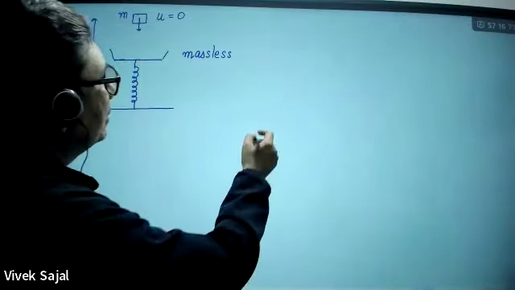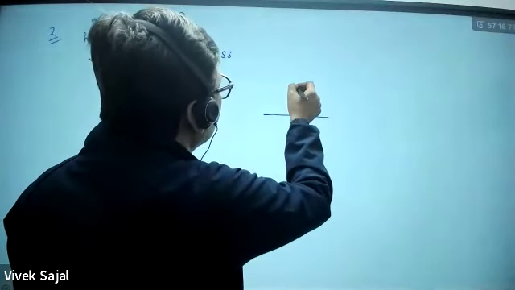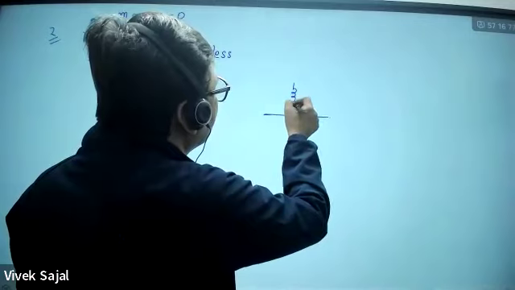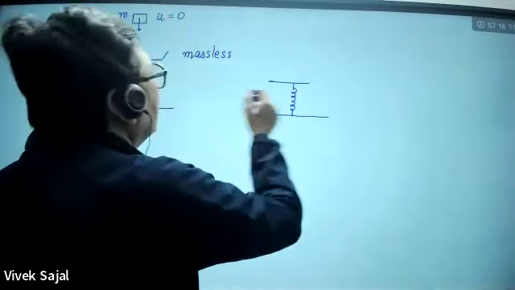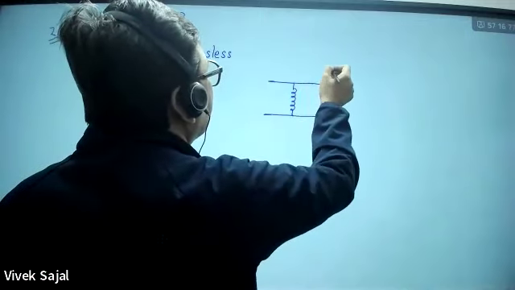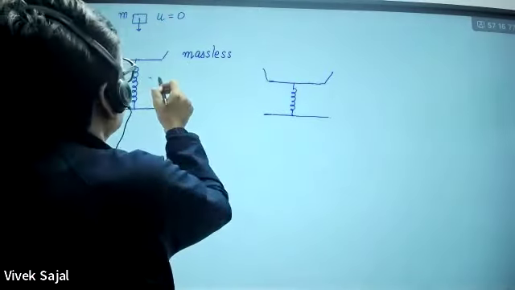So suppose this spring will compress by a length, you can say x. So it is compressed by x. This is the massless pen here.